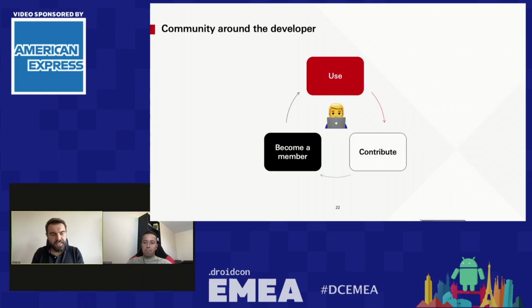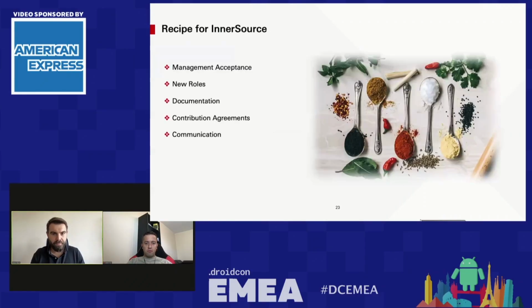Second is making this developer stick around to the project and attract him to contribute to it. And third, you want these developers to become the members of your community, and so that one day they will become even new code maintainers.